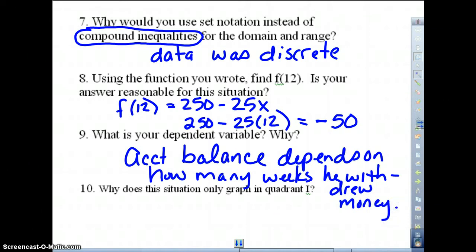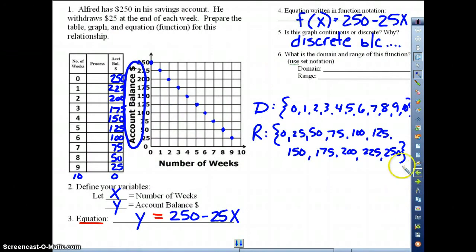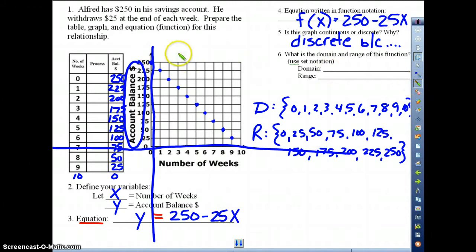Why does this situation only graph in quadrant 1? Okay, I'm going to go back and look at the graph. If I had a full coordinate grid, it would look like this. Why does this graph only graph in quadrant 1? Because number of weeks cannot be what?